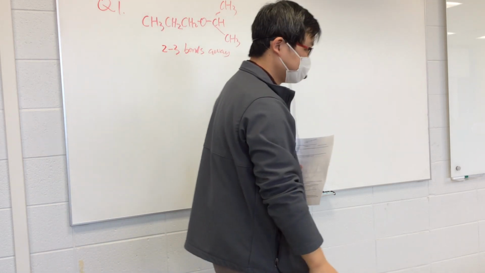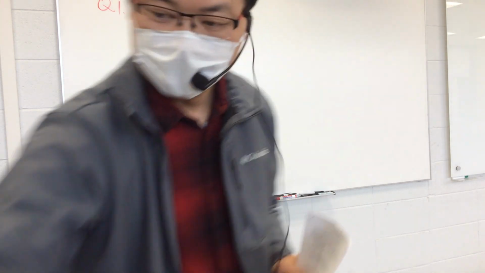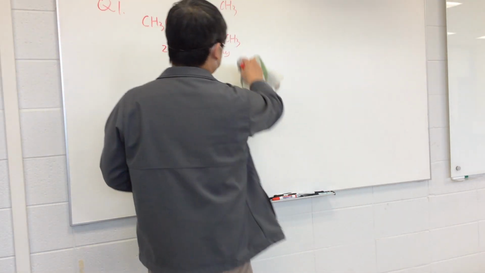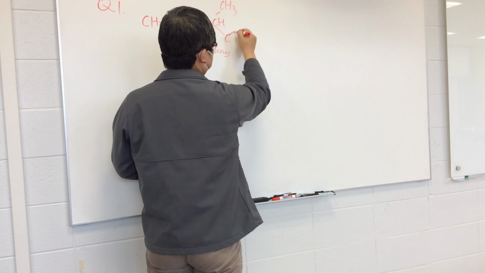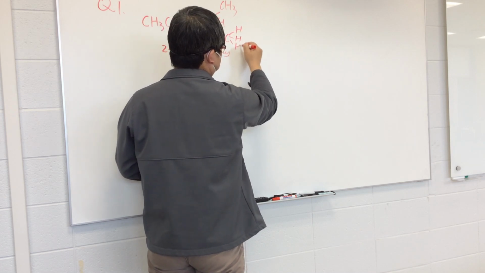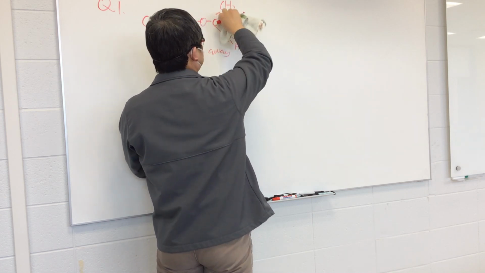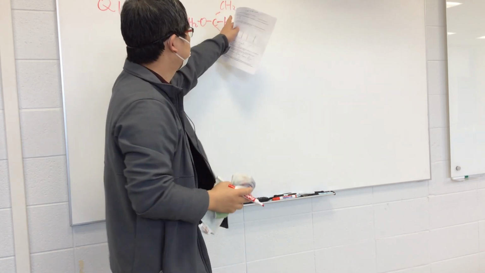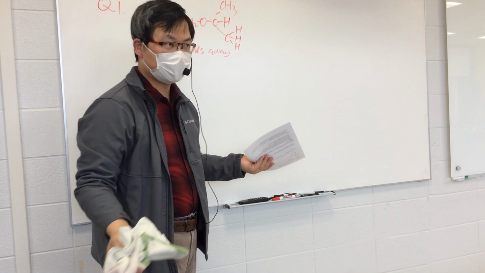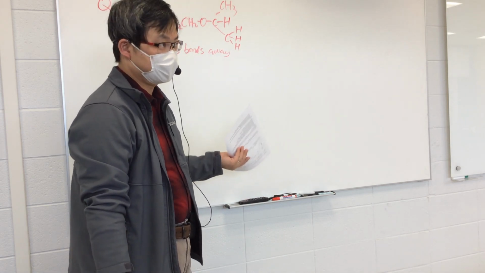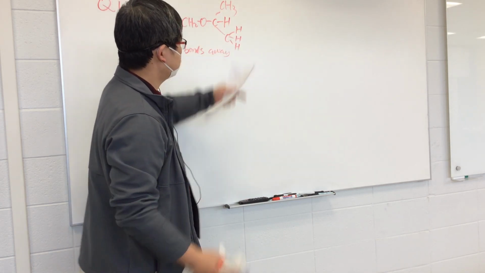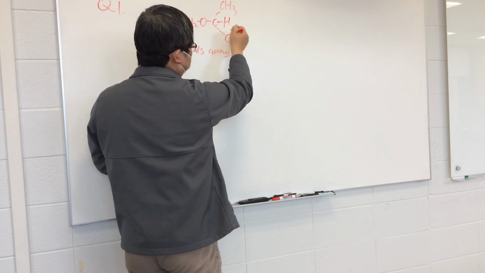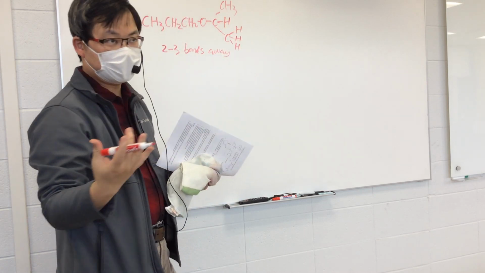So there's 1, 2, 3, and here there's 1. You can see these 3 hydrogens and these 3 hydrogens are equivalent, right? They are the same. And then this hydrogen has 1, 2, 3, 2 to 3 bonds away.